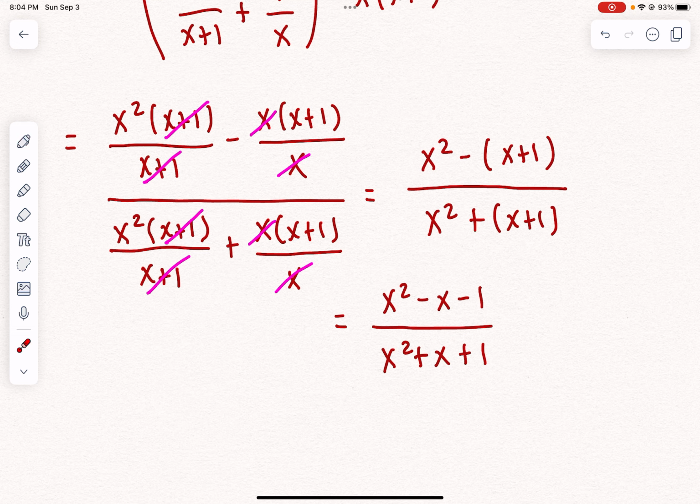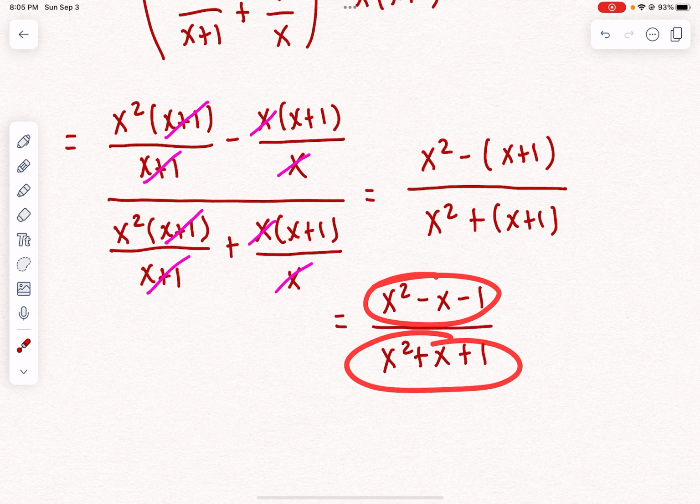At this point in the problem, you'll notice that we have quadratic expressions in the numerator and in the denominator. In some types of problems, you have to ask yourself whether or not you are able to factor these quadratic expressions.